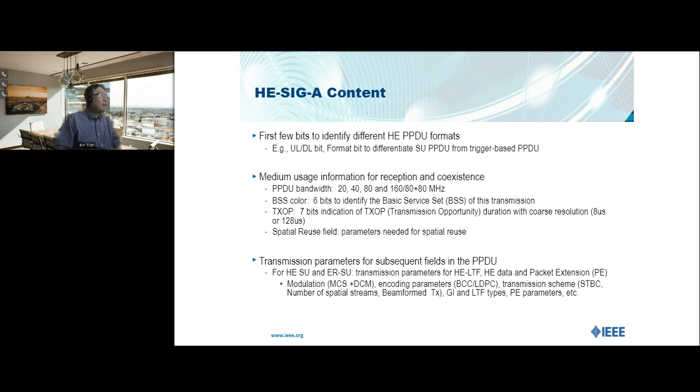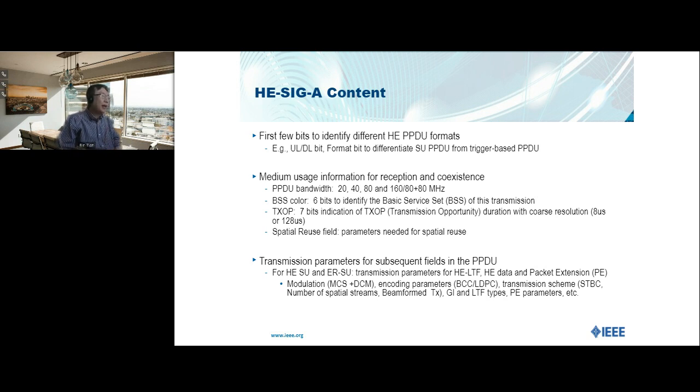There is another field, the TXOP. TXOP is transmission opportunity. This is a MAC concept. Basically, for this message exchange sequence, instead of just one packet, this TXOP tells you the duration of the entire message exchange sequence.